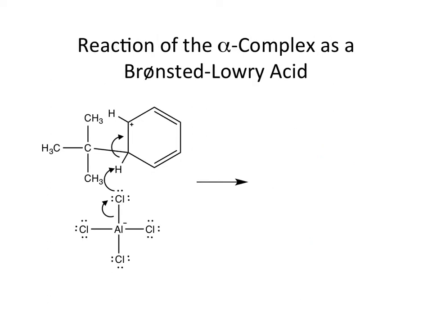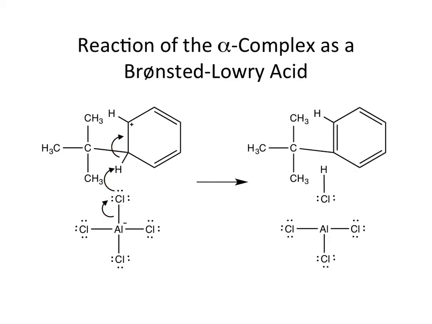And so something acts as a base. In this case, it is probably our negative aluminum tetrachloride anion, where the chlorine pulls on the hydrogen ion. As chlorine pulls on the hydrogen ion, these electrons tend to fall back into the aromatic system, but that protonated chlorine then is likely to leave, and you end up with our alkylated product, right?